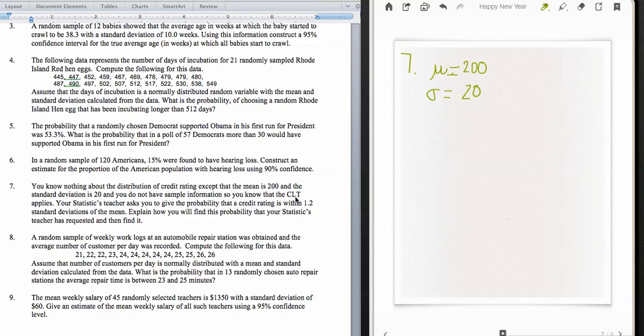So I don't know that the central limit theorem applies because I don't know that there's more than 30. I have no idea. And your statistics teacher asks you to give the probability that a credit rating is within 1.2 standard deviations of the mean.